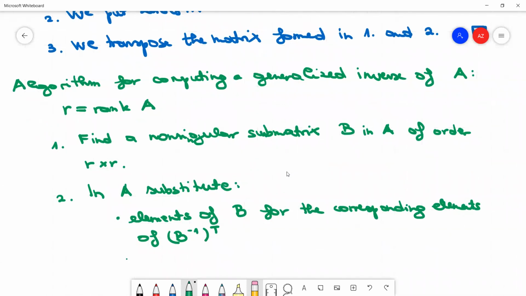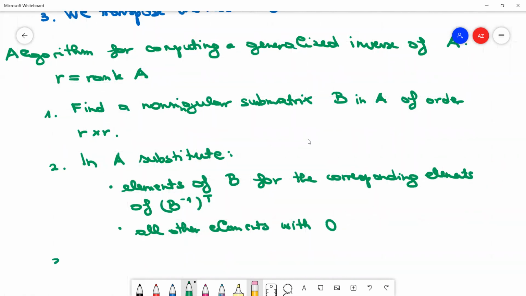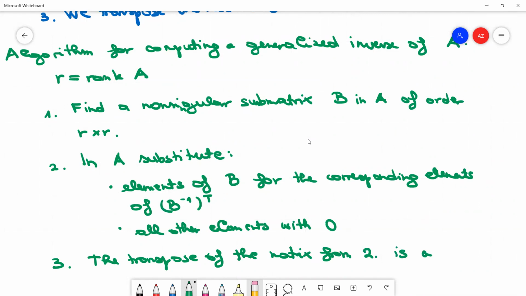All the other elements with zeros. And at the end, we have to transpose everything. So the transpose of the matrix from step 2 is a generalized inverse G of A.